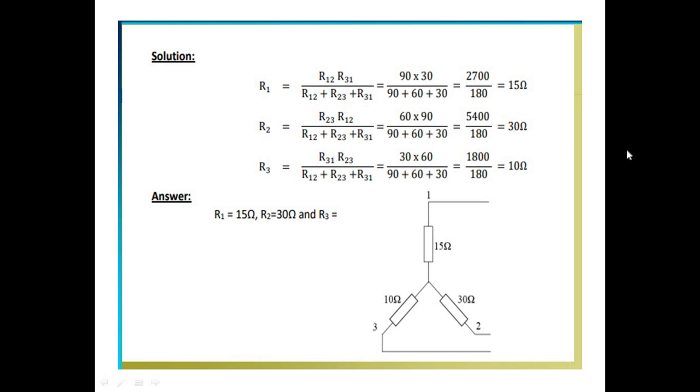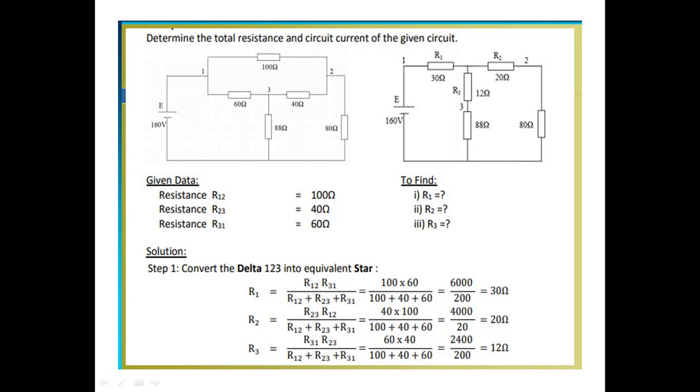Here is the delta to star conversion connection. Next, one simple problem. Determine the total resistance and the circuit current of the given circuit. Here the circuit diagram. Given data: R12 is equal to 100 ohm, R23 40 ohm, R31 60 ohm.